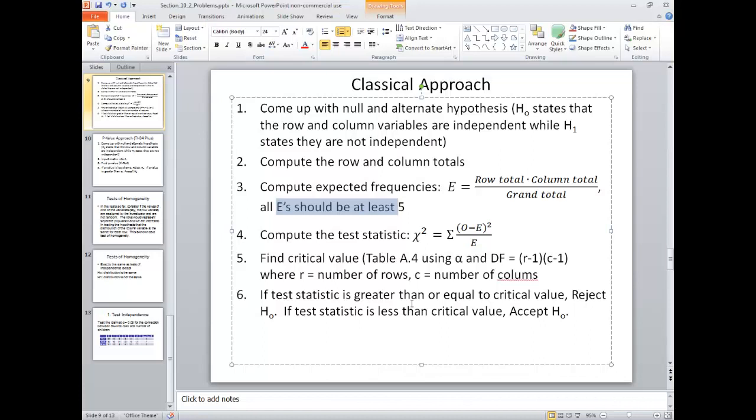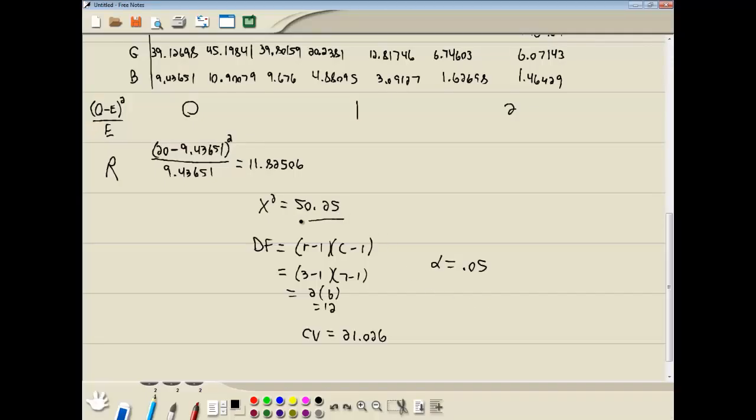Okay. If the test statistic is greater than or equal to the critical value, our test statistic is greater than our critical value, so it says reject H naught. So for our conclusion, we're going to reject H naught, and we'll accept H1. Again, accept is a pretty strong word. Usually the word you see in books is do not reject.